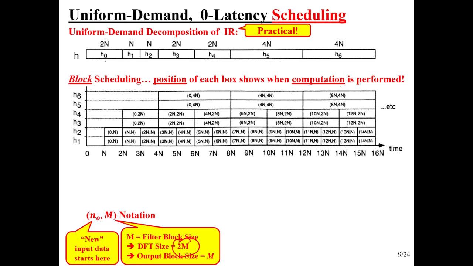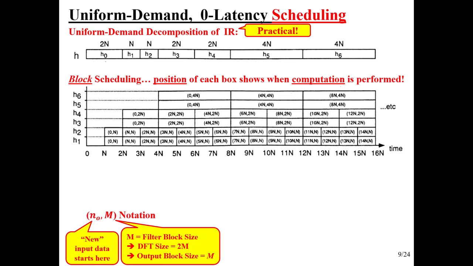Now, remember, half of that data will come from new data, and we know where that new data starts, and half of it will come from earlier data. So we'll know where that goes back to just from this information.